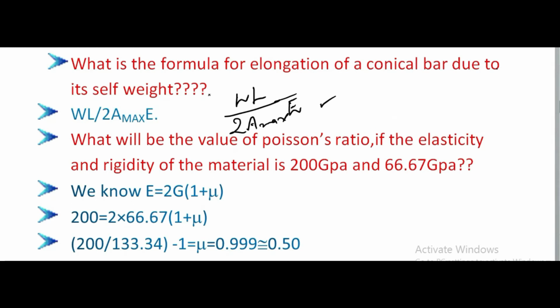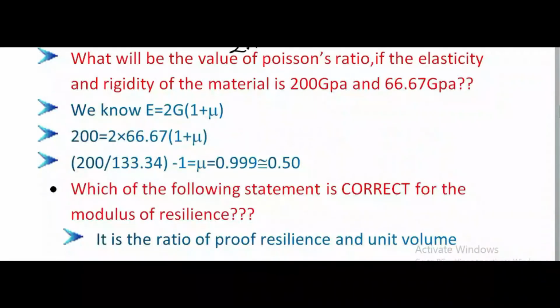Remember always. Next question is, what will be the value of Poisson's ratio if the elasticity and rigidity of the material are 200 gigapascal and 66.67 gigapascal? In this question we are asked the value of Poisson's ratio, that is mu.